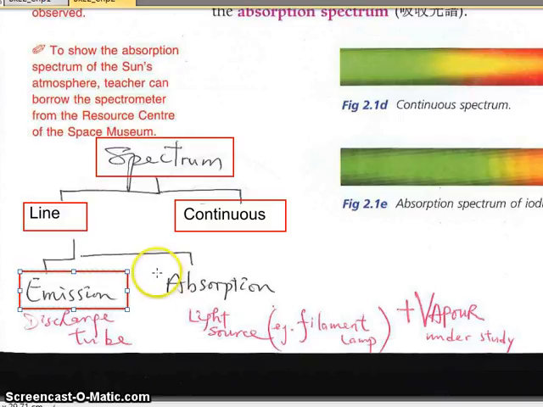It can also be an absorption spectrum, which is a continuous colored background with dark lines. And how can we have an absorption spectrum? It is from a light source, such as a filament lamp, and then the light passes through cold vapor, and then it will produce an absorption spectrum with a colored background and dark lines on it.